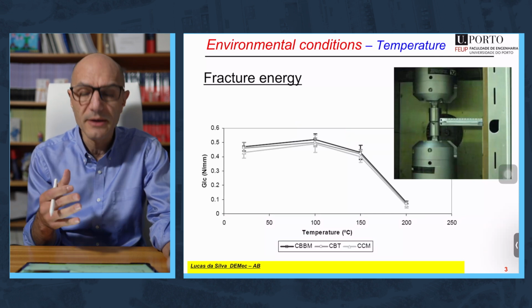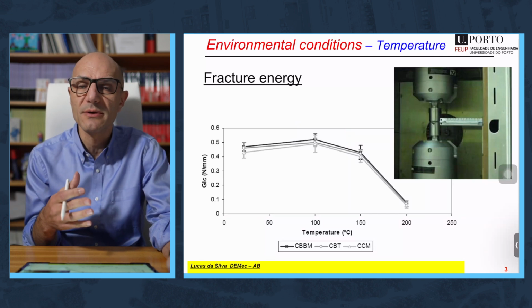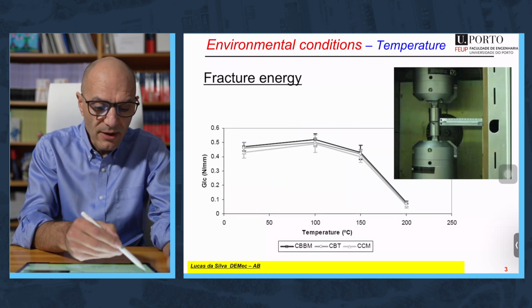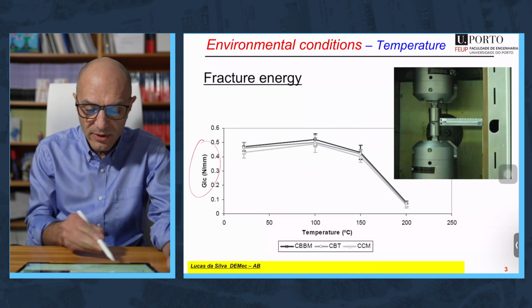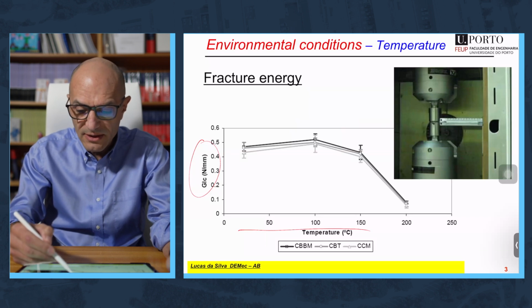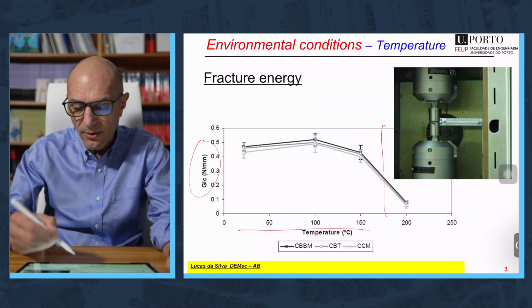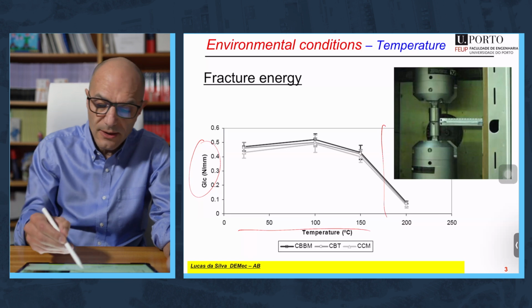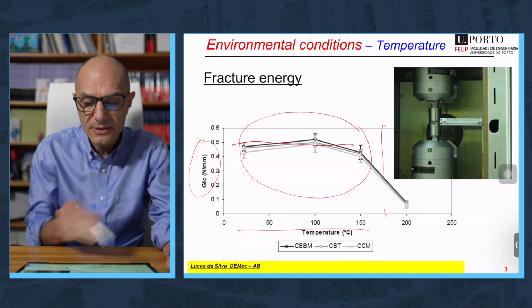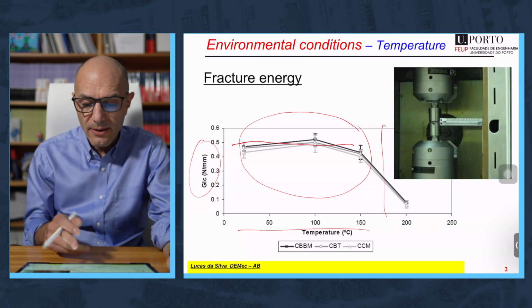Well, curiously, there is not too much variation below Tg. As you can see, you have a graph here where you have the fracture energy in mode 1 versus temperature. Tg is about 175 or something like that, or close to that. And you can see that the fracture energy is more or less constant below Tg.